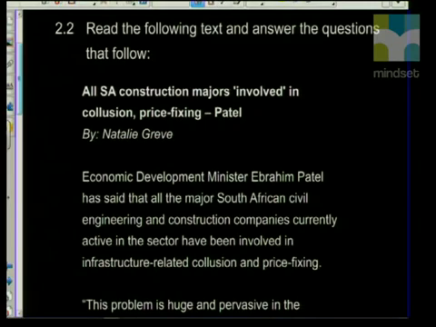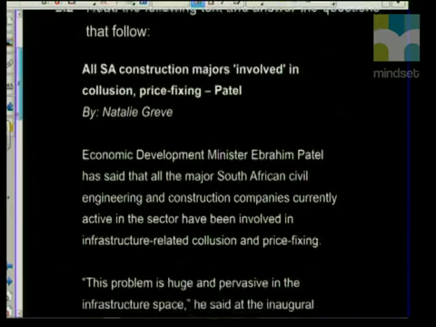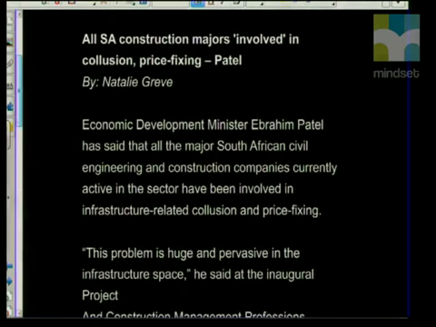2.2. Read the following text and answer the questions that follow. All South African construction majors involved in collusion price fixing. This was said by Minister Patel.